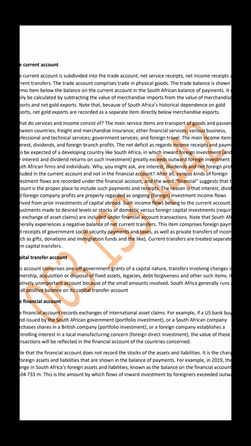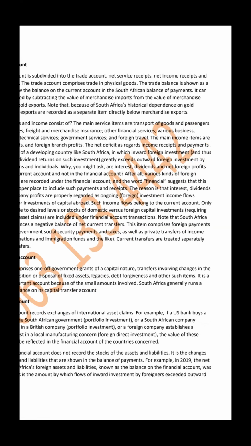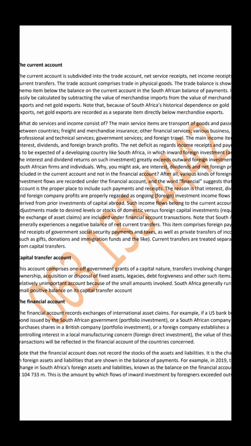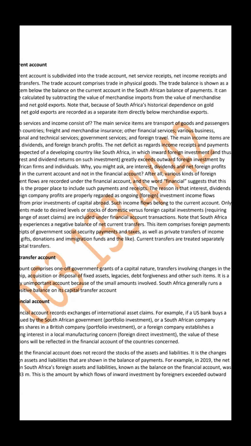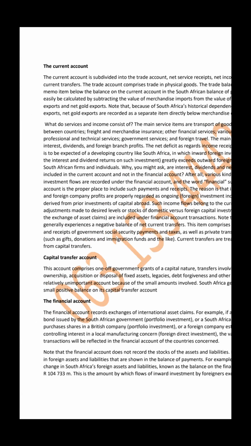What is recorded there? In the trade account, we are dealing with physical goods. So the trade balance is shown. Okay, in the South African balance of payments we don't really have the trade balance shown, but you can easily do that calculation.